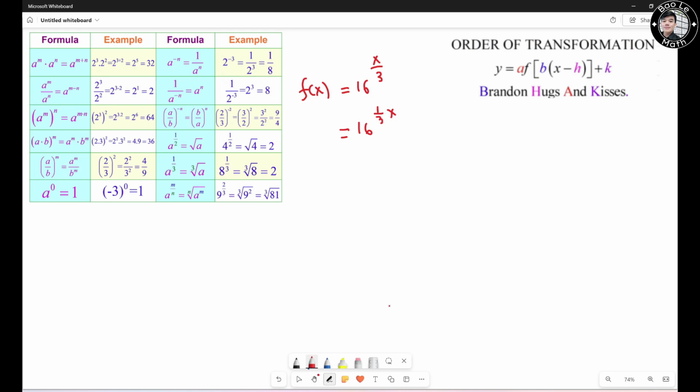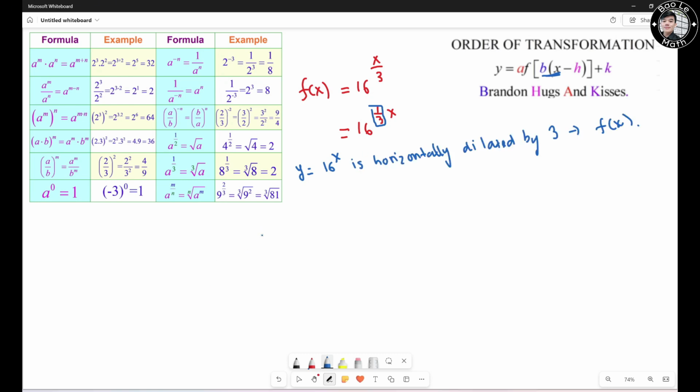Because 1/3 right here is the number in front of x right here. So think about this one right here. Anything related to x, think opposite. So which means the function y equals 16 to the x is horizontally dilated by a factor of 3 to get f of x.